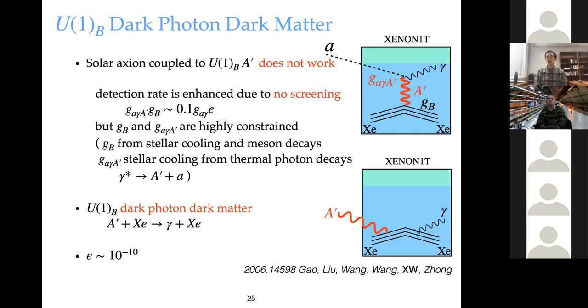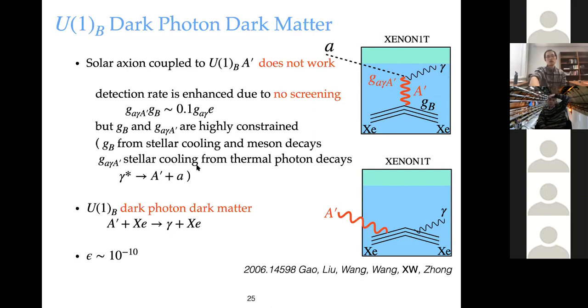Okay, the last possibility I want to mention is U(1)_B dark photon dark matter. It's hard to explain with solar axions coupled to the U(1) A prime. The reason is very simple: in the star, the thermal photon can decay to A and A prime, which easily gives the stellar cooling bound.